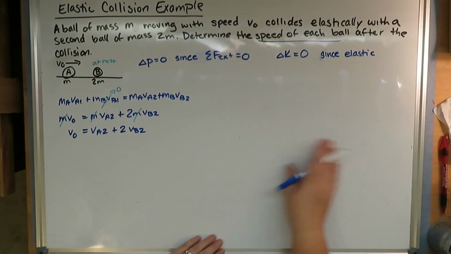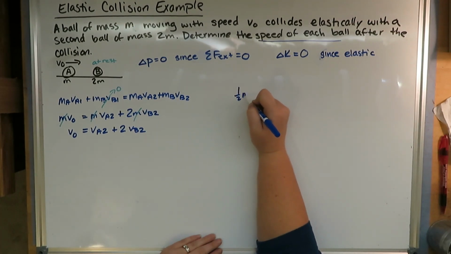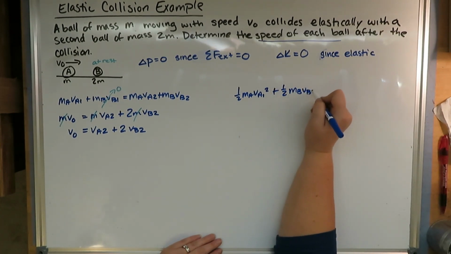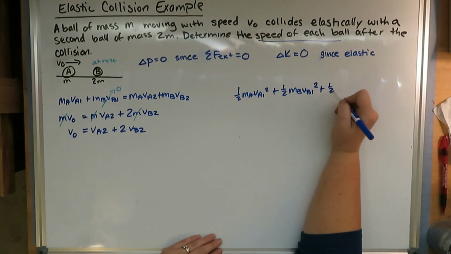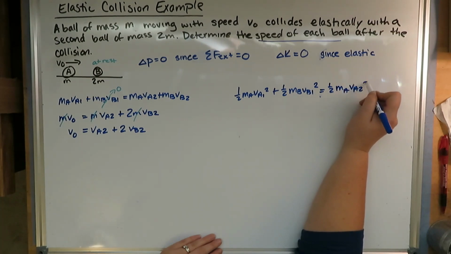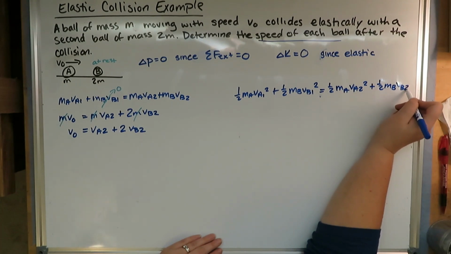And then in terms of the kinetic energy, we're going to have 1/2 MA VA1 squared plus 1/2 MB VB1 squared equals 1/2 MA VA2 squared plus 1/2 MB VB2 squared.